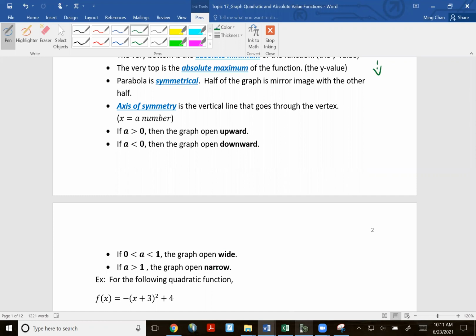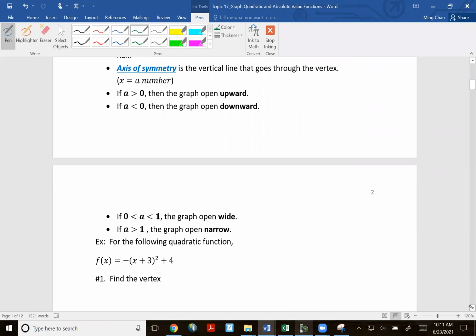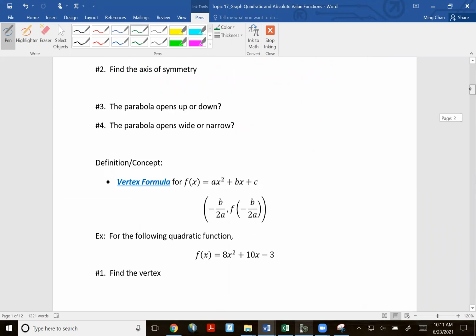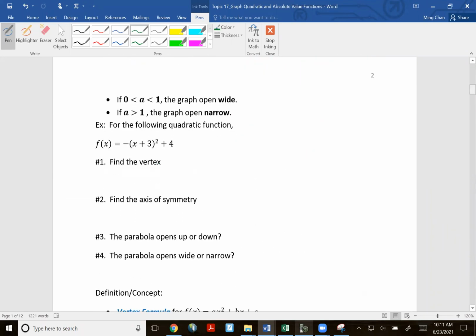So I'm going to match up the form, the general form. For the following quadratic function, find the vertex. My form says f of x, written in general form, is equal to a times parenthesis x minus h whole thing squared plus k.